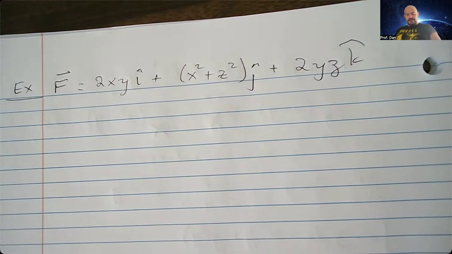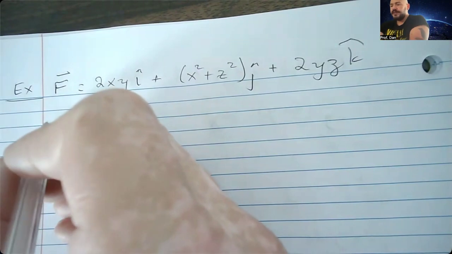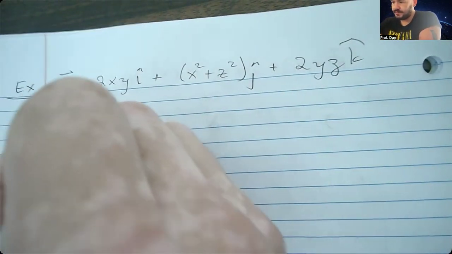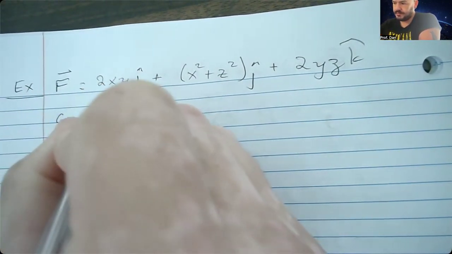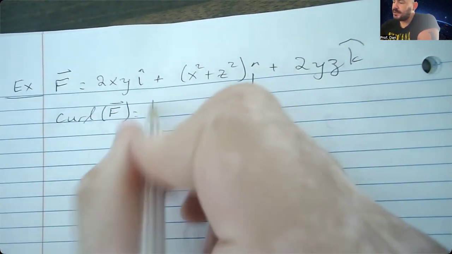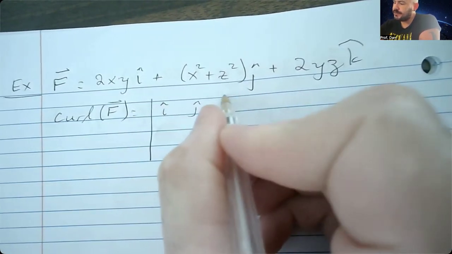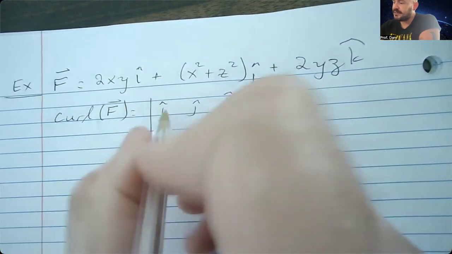We want to figure out if vector field F is conservative. So we're going to look for the curl of F, which you can also denote as curl F. And we know we need the determinant of a 3x3 matrix, where the first row is our unit vectors i, j, k.